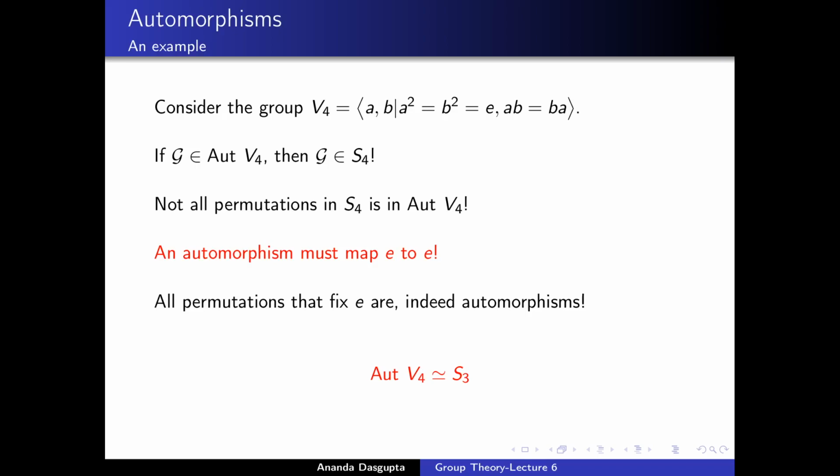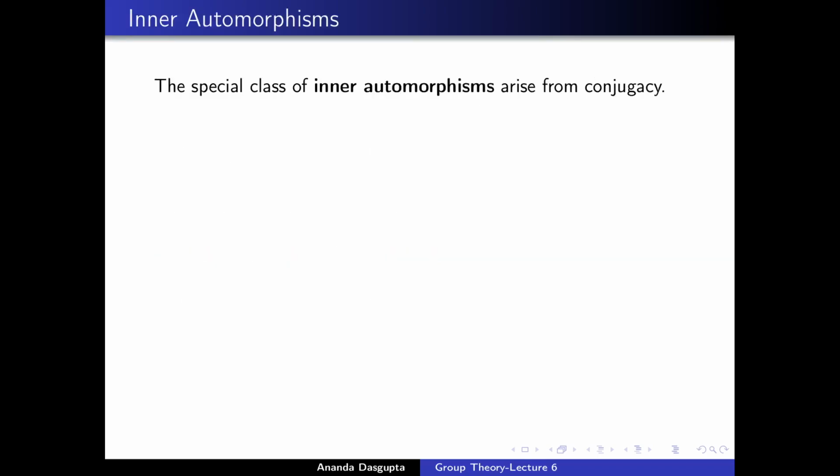And in fact, it so turns out that there is a whole special class of inner automorphisms. These are called inner automorphisms. They arise from conjugacy. For all small g in capital G, we can define a map I_g, which maps G to G by this rule: I_g acting on g' will be g g' g inverse.